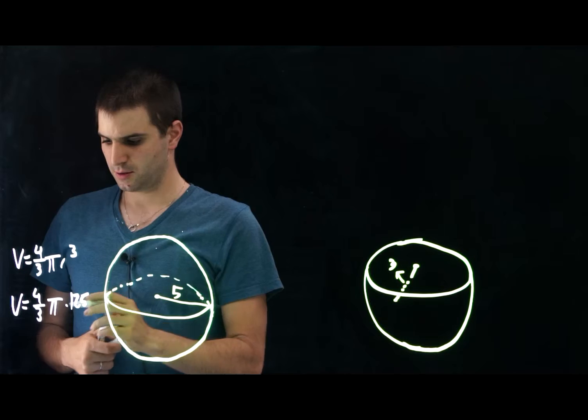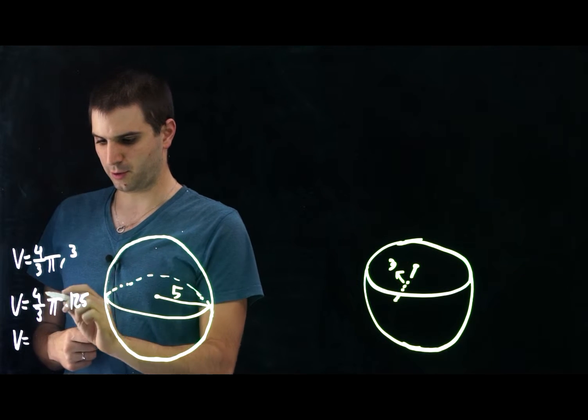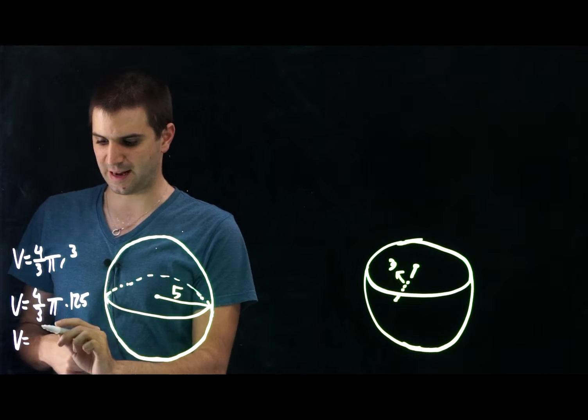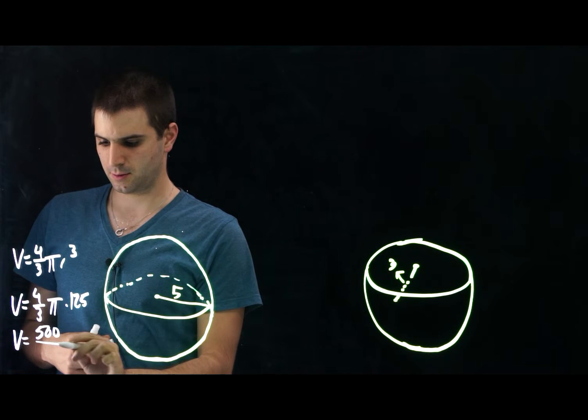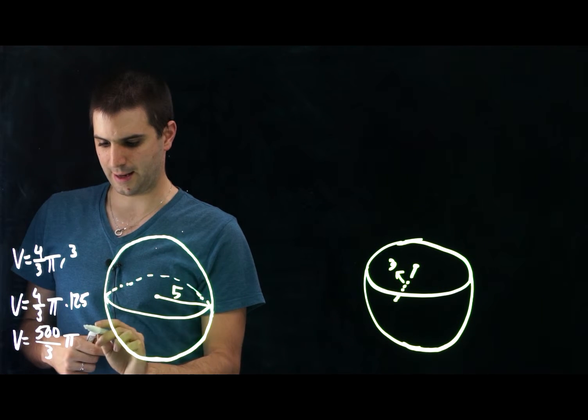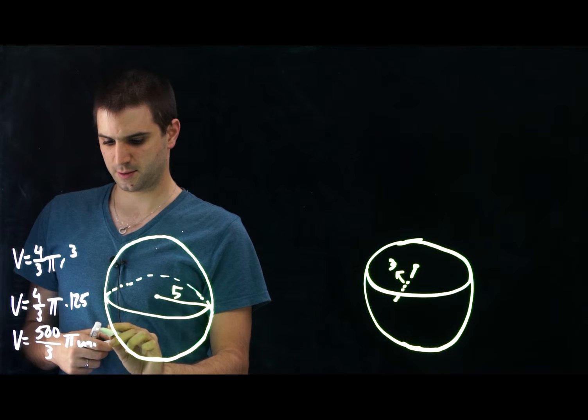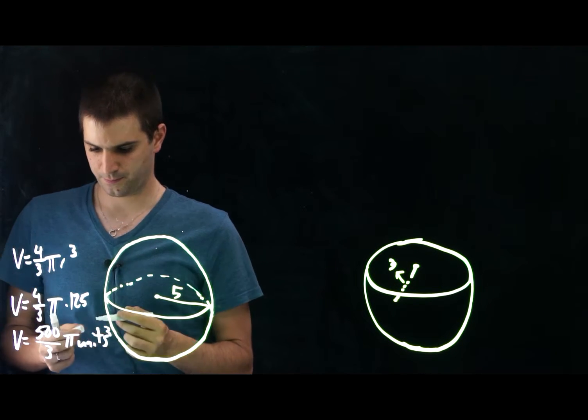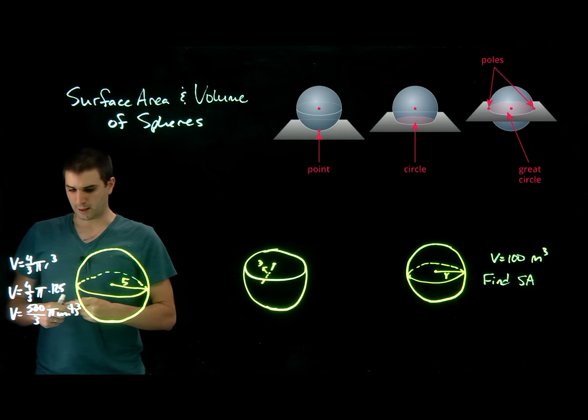Volume is going to equal 4 times 125, which is 500 over 3 pi units cubed.